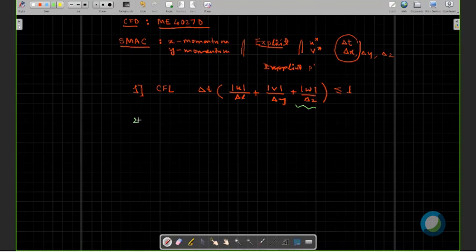Along with that, you have another condition for delta t and delta x, that is also called the grid Fourier number.